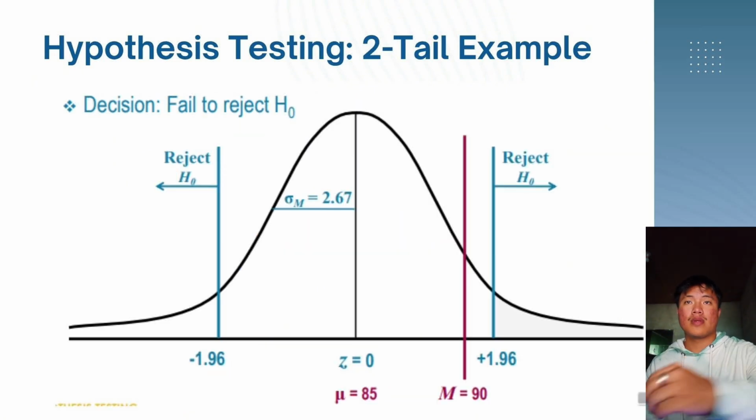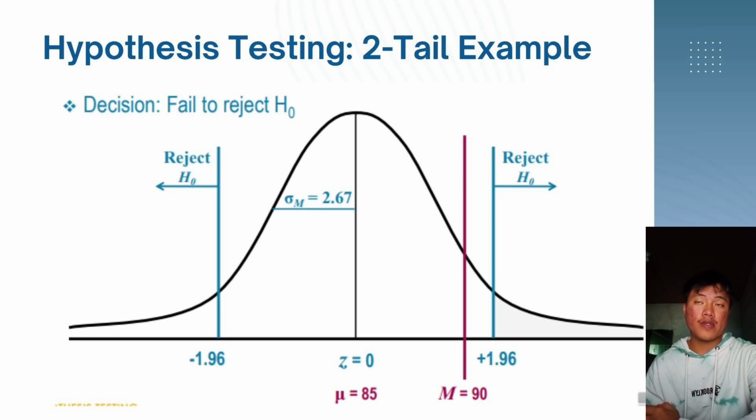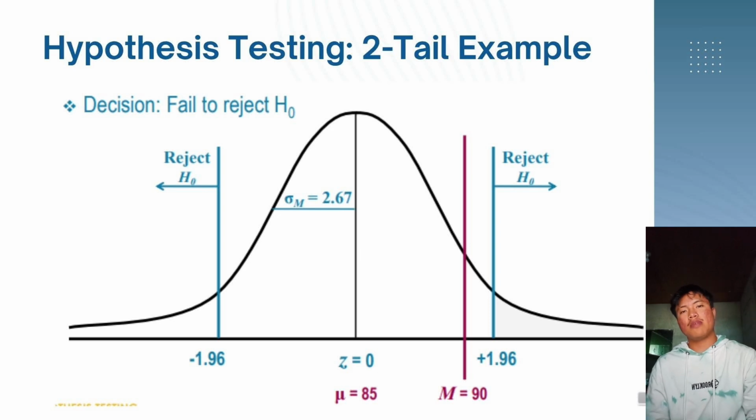We have a decision: fail to reject H. On the left side we have reject H, which is at negative 1.96, and on the right side we have reject H, which is at positive 1.96, and in the middle we have z equals 0, with 85 below it, and M equals 90.